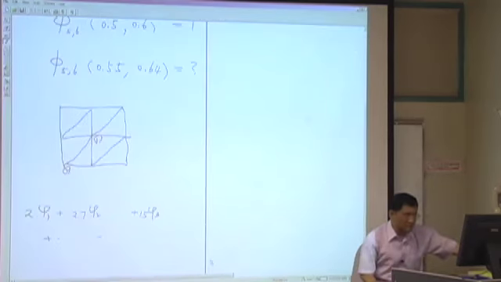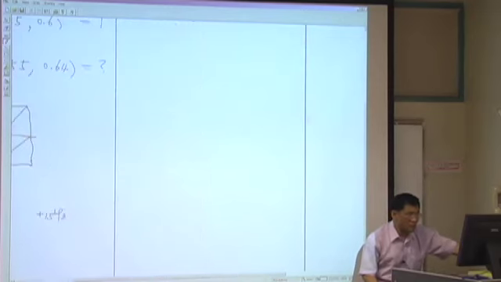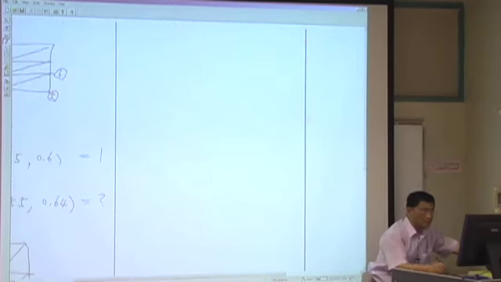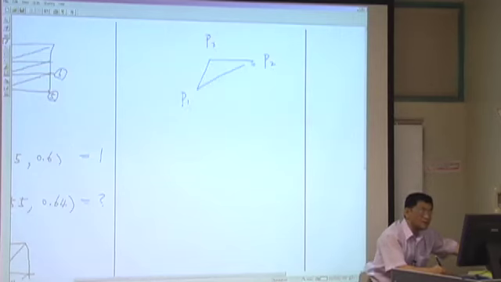Initially, what we did was this one. We had a triangle, P1, and then P2, and then P3. So this is what I did. We initially checked the P1, P2 vector, and then the P2, P3 vector, right?